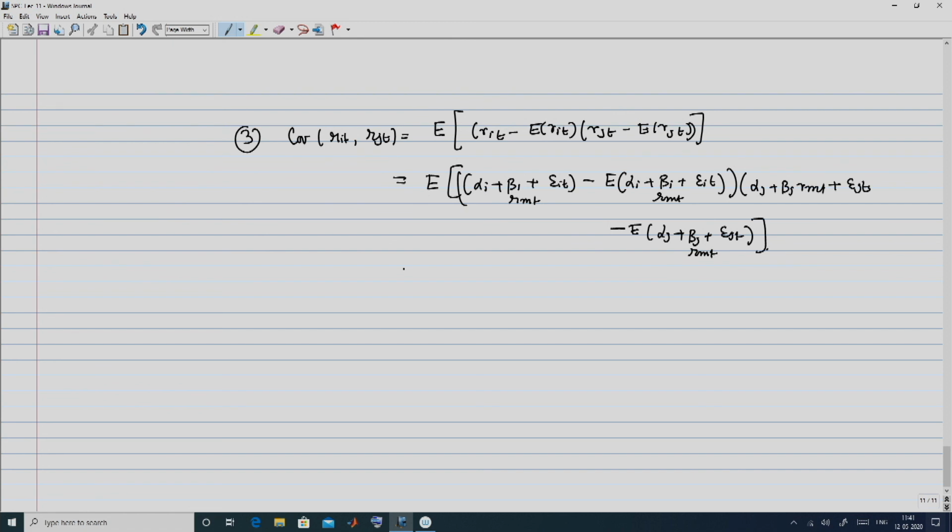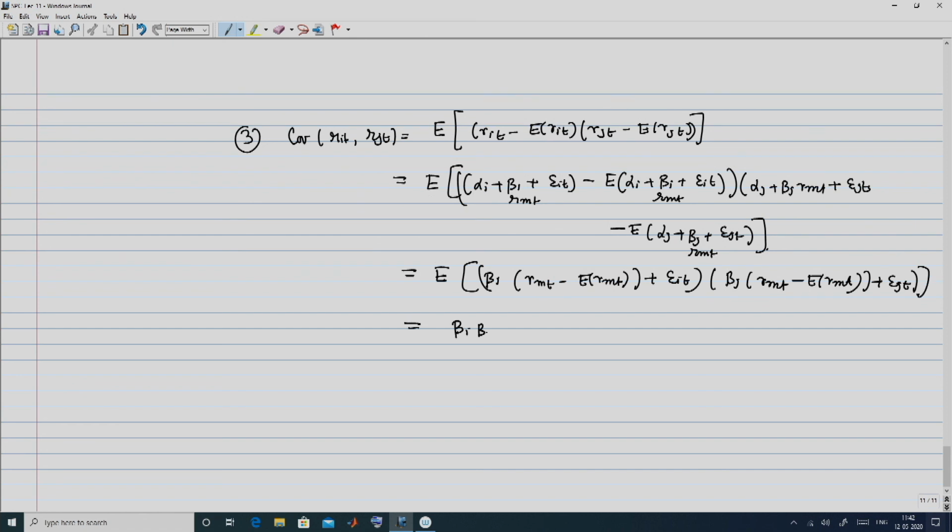So, if you cross multiply, this becomes the expected value of beta_I R_MT minus E of R_MT plus epsilon_IT, multiplied by beta_j R_MT minus E R_MT plus epsilon_JT, and this will simply become beta_I beta_j sigma_m square.